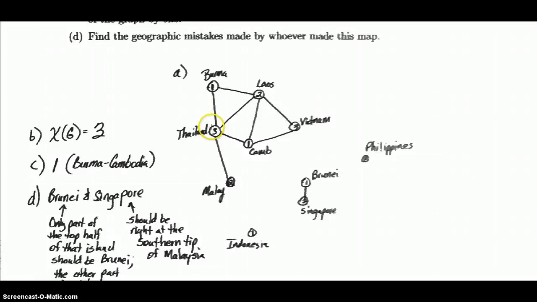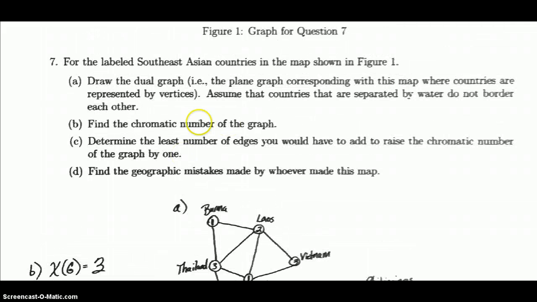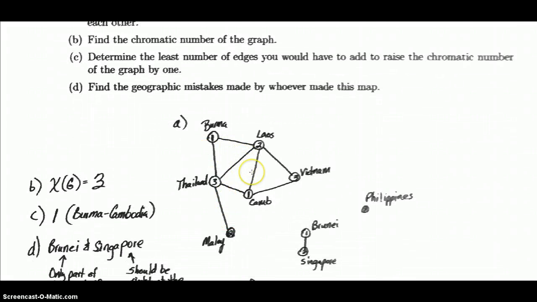That's not the only way, but it is certainly one quick way to know a minimum number that the chromatic number can be. Now the question is, is it more than 3? I know that it's not going to be more than 4 by the 4-color theorem, that any planar graph, any plane graph can be colored by no more than 4 colors. But do I need 4?